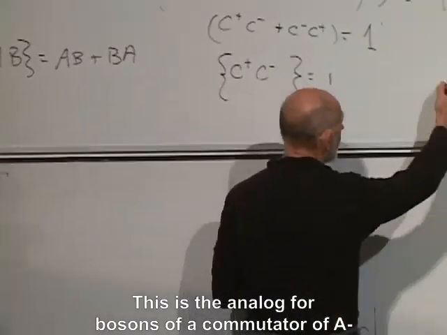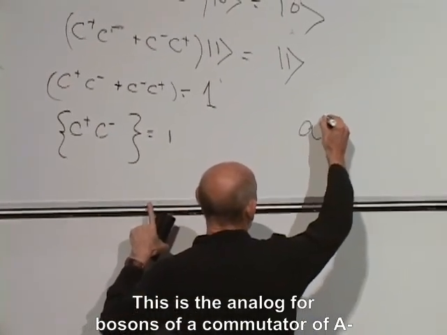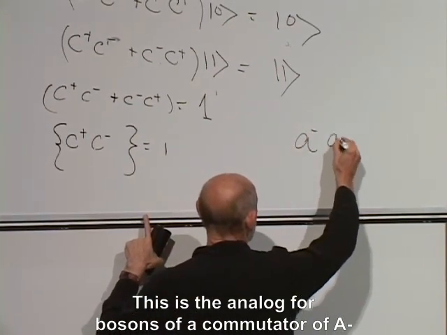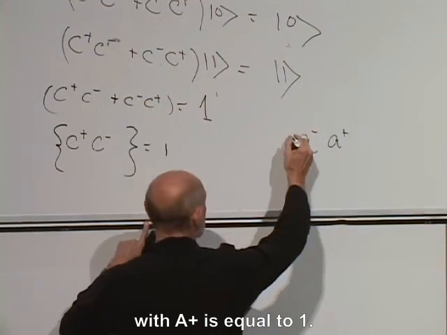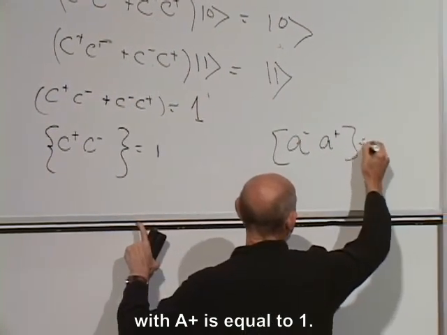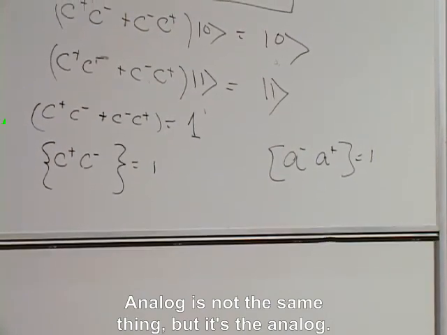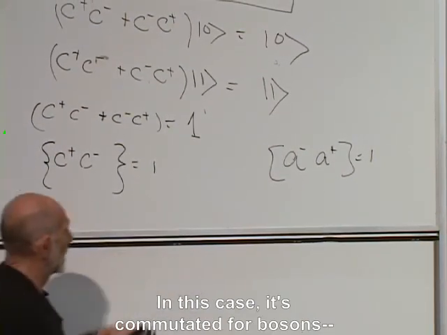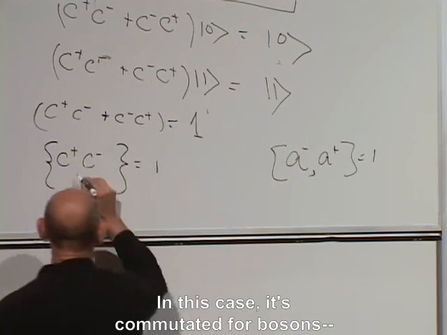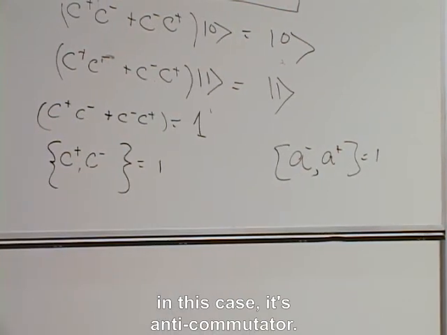This is the analog for bosons of the commutator of A minus with A plus equal to 1. It's not the same thing, but it's the analog. For bosons it's a commutator; for fermions it's an anti-commutator.